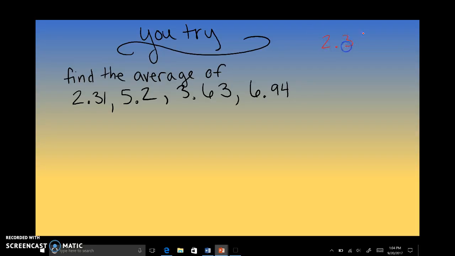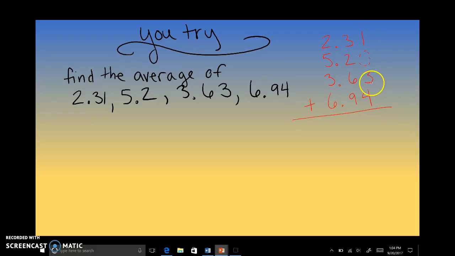So 2.31, 5.2, 3 and 63/100ths, and 6 and 94/100ths. So once we have these, we're going to make sure we annex a 0 after 5.2, and now we're ready to add.